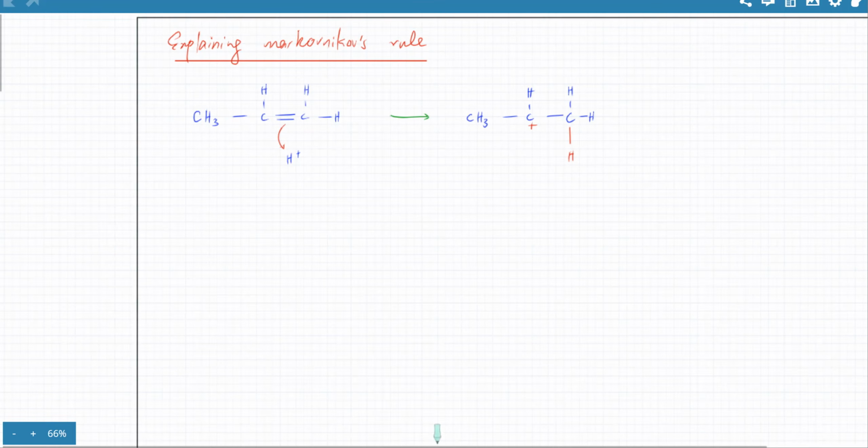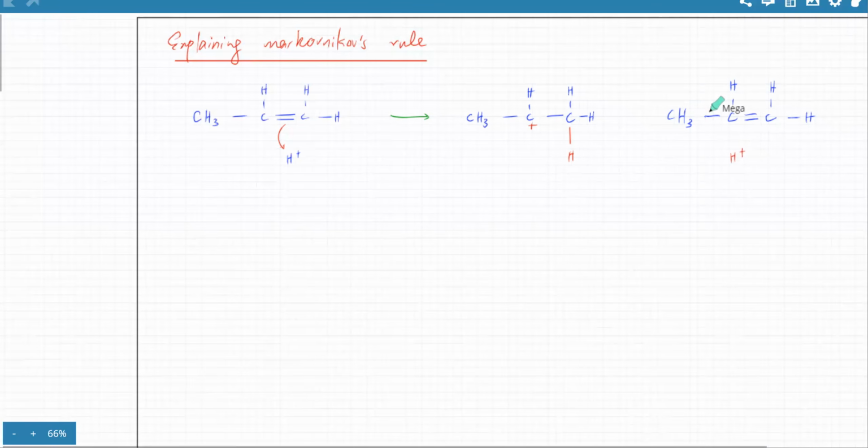The other thing that could happen is that instead the H could bond with the other carbon atom. So the other possibility is that you could have CH3 and C, and there's a double bond in the middle, and you have hydrogens, and the H plus can come in, and it might bond with the other carbon atom.